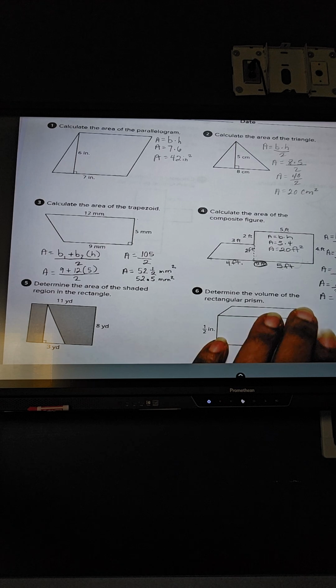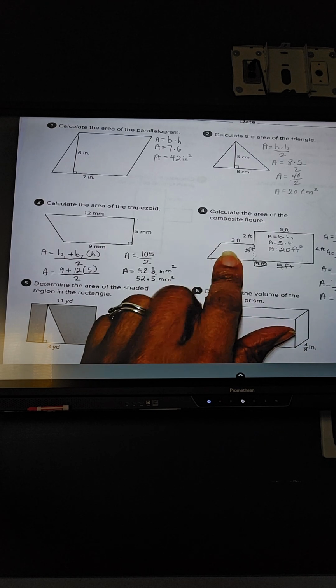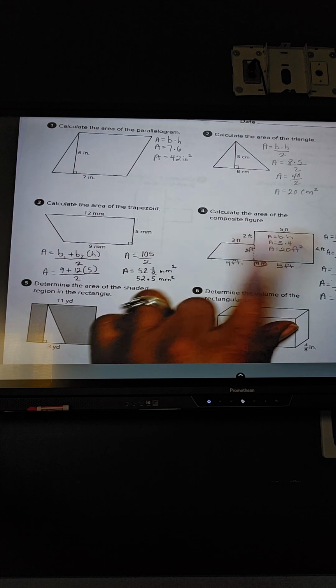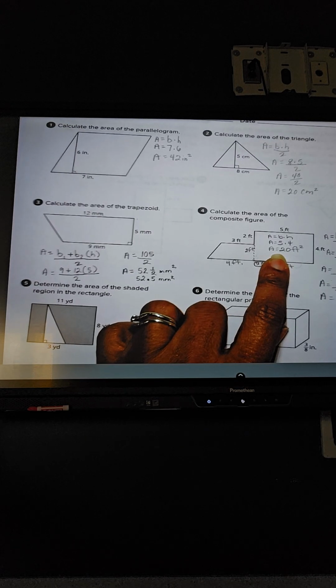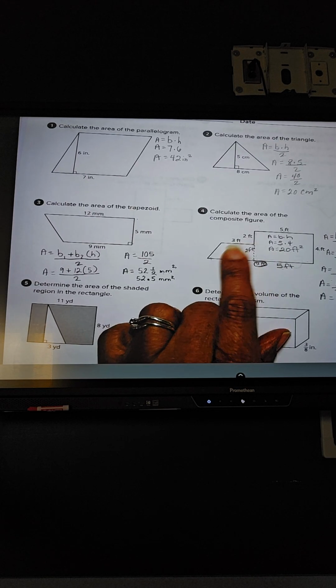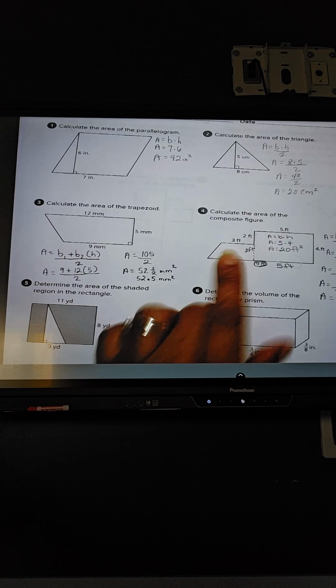Am I done? No. That's only the trapezoid. We have a whole composite figure, so that means I need to take the rectangle that I recognize here, which is 20 feet, and the trapezoid that I recognize here, which is 7 feet, and add them together.